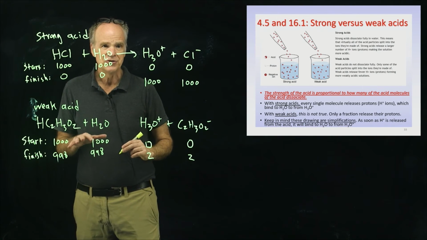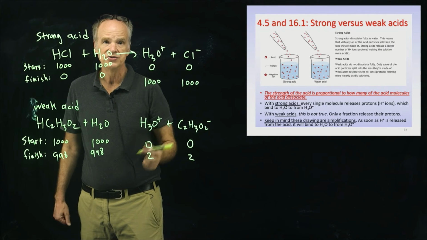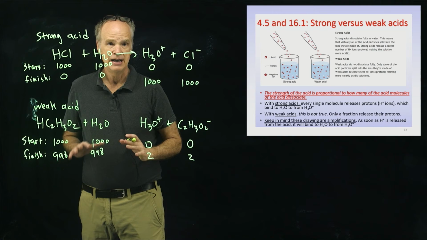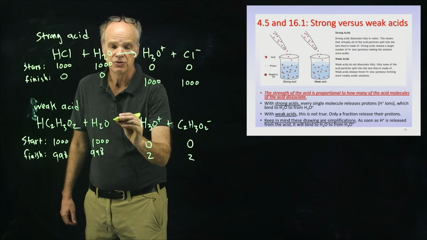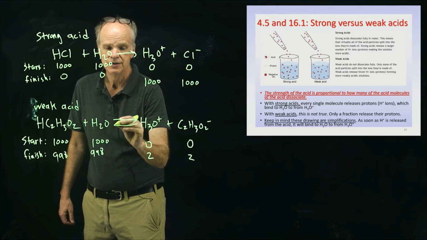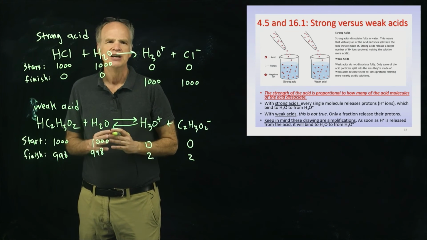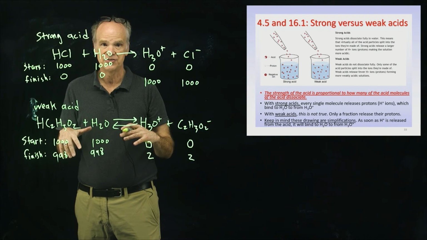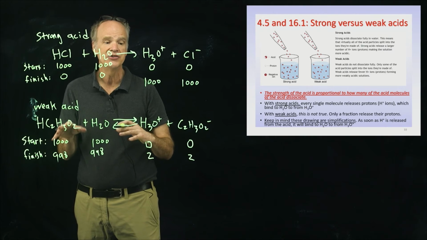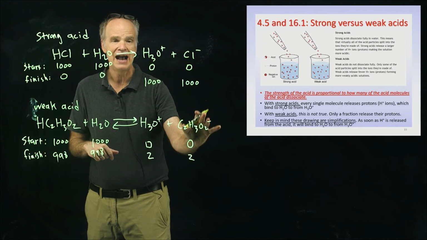So I think you can see now that we can't just use one arrow going to the right to describe how a weak acid reacts. Instead, we draw 2 arrows, one to the right and one to the left. You might ask, why do we draw an arrow to the left? Well, let's say you added more acetic acid molecules. You'll form more hydronium and more acetate.